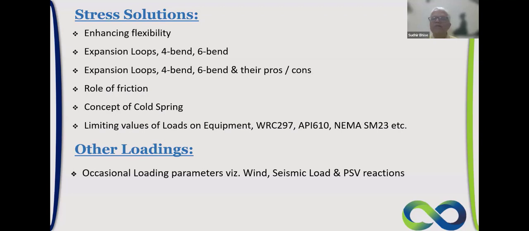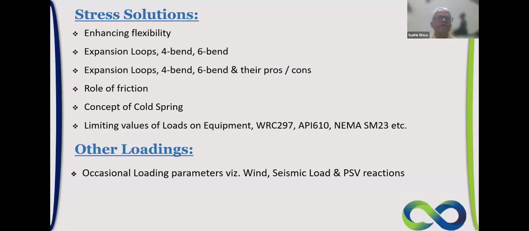Static and rotary equipment have to take the loads from the critical piping system when we analyze, and they also play an important role in meeting the requirements of the code, because once the stress analysis is done, it's not only the piping that is required to meet the requirements, but the connected equipment and the connected structure also need to satisfy the requirements of the entire system, so that the entire system remains safe. It is not only the piping which needs to be safe; the connected equipment and the connected supports on which the piping is resting also need to be safe, and the code places the onus on the stress analyst for this purpose.